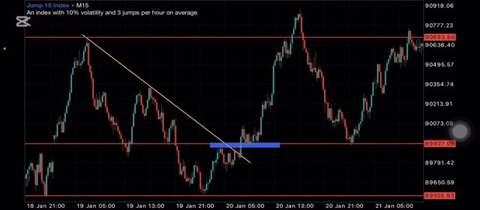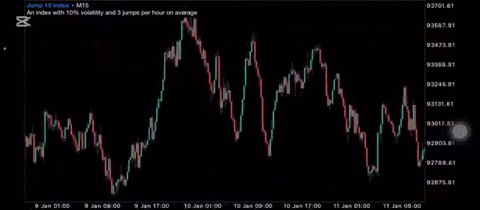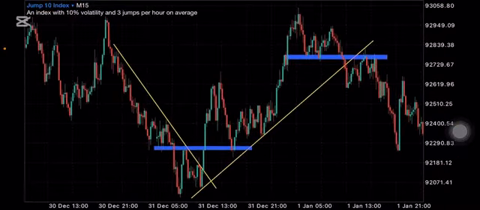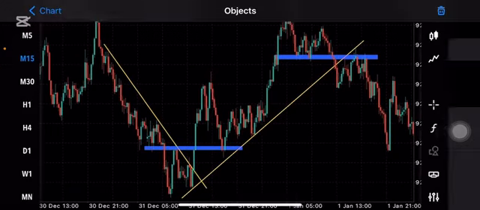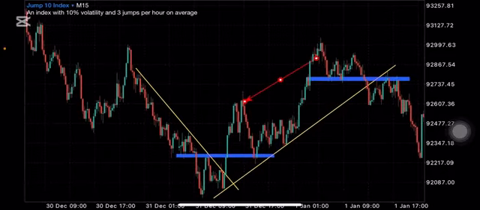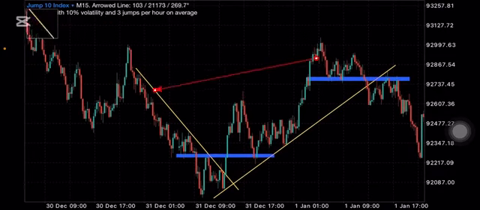Now let me show you another example. Okay, so this is another example. You have to patiently wait for this setup. Don't rush it. Price has been dropping all the way down here.